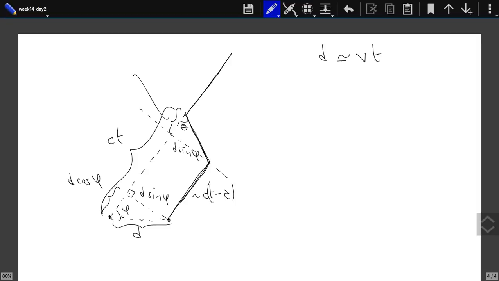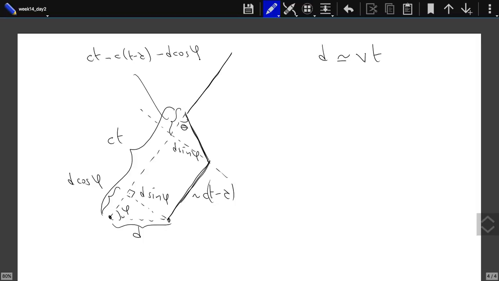And this distance over here is nothing but ct minus c times t minus tau minus d times cosine phi. This is the whole length.